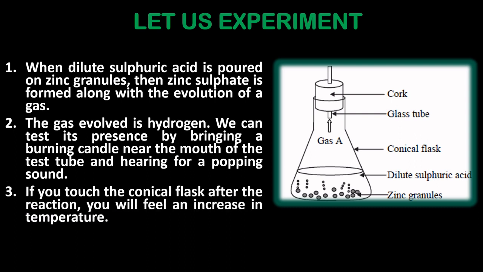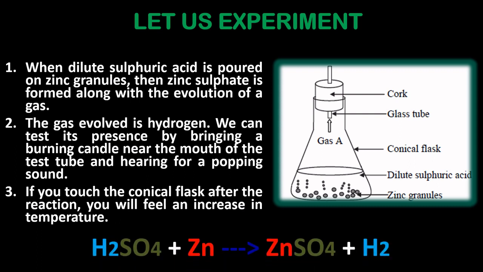If you touch the conical flask after the reaction, you will feel an increase in its temperature. The chemical reaction can be represented as sulfuric acid plus zinc gives zinc sulfate with the liberation of hydrogen gas.